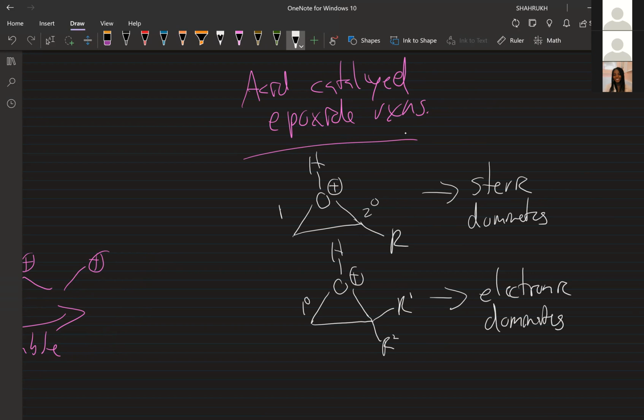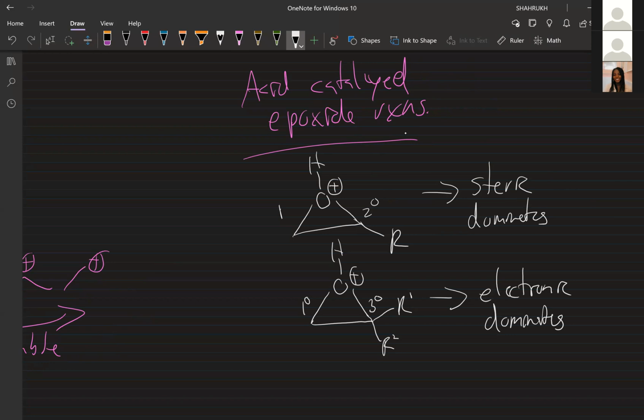So primary versus secondary, steric always wins, but primary versus tertiary, which is the case that unfortunately we don't have a problem to do an example with, electronic dominates. So basically, whenever you have a tertiary center, the electronic effect will always dominate, because it's just a better electrophile. It's just more stabilized, right?